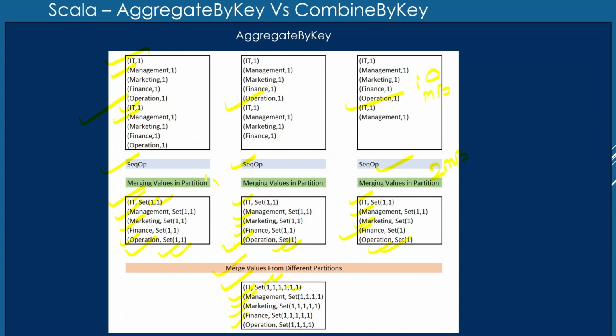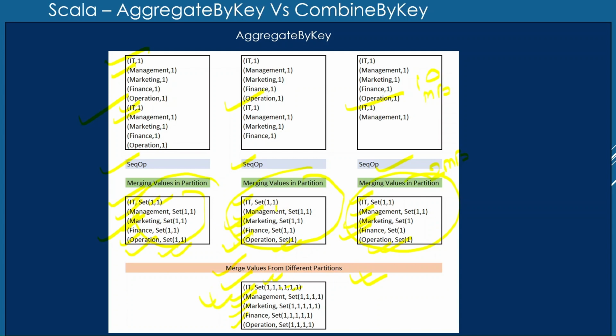We can say here the data is also getting reduced. Here the data is also getting reduced, and here the data is also getting reduced. And here is the merge of values from the different partitions. It will take a shuffling operation. In the shuffling operation, data is shuffled between different executors. We can see that the data from this executor and from this executor is coming to this executor.